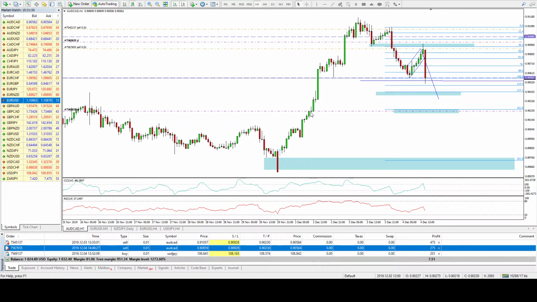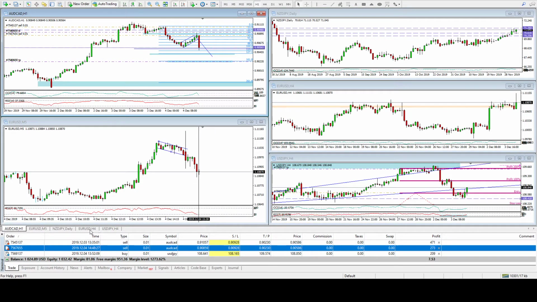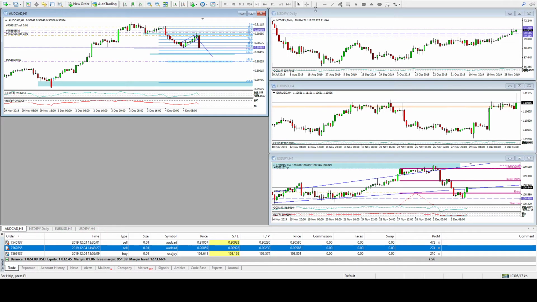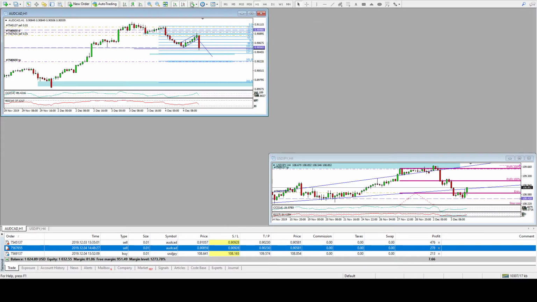Okay. Price is still trying to stay below. What is this thing? Euro, don't want to see it. Not interested. Not interested.